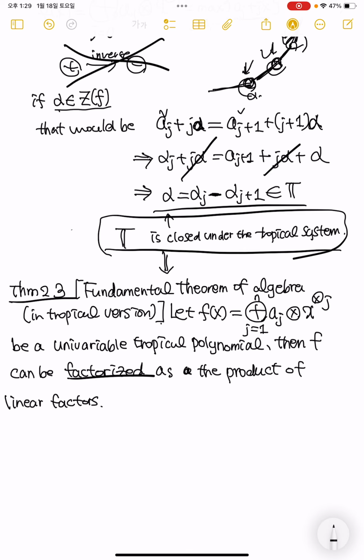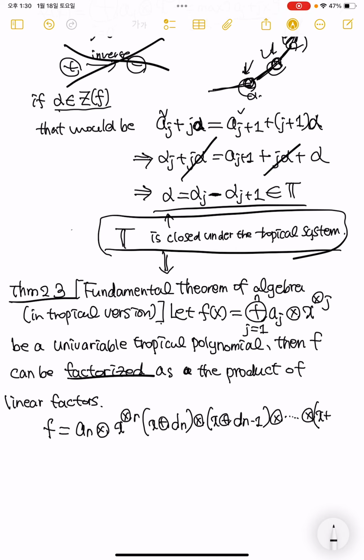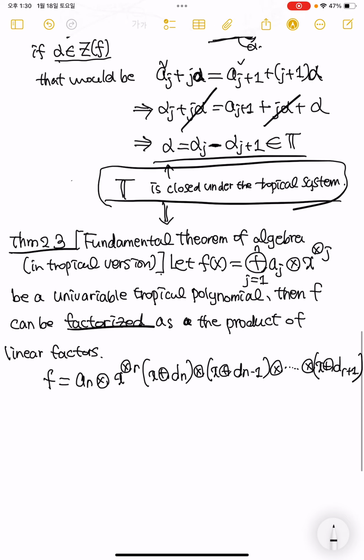The tropical polynomial can be factorized as a product of linear factors. Any univariable polynomial that is given, f can be factorized like this. In that case, what is Dn?